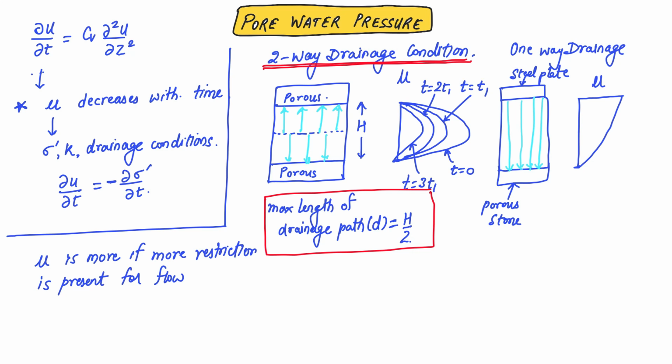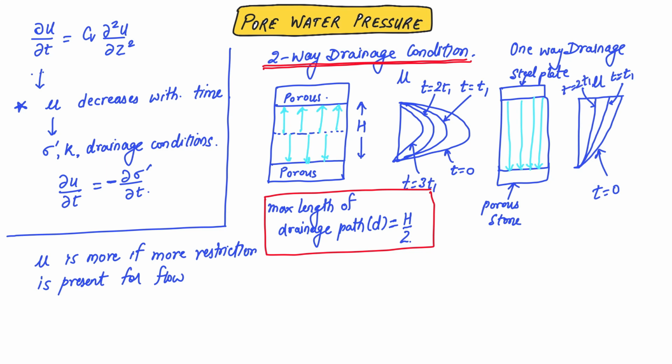Again, if this is the variation of pore water pressure at the beginning of the test, then as water drains out, pore water pressure will gradually decrease, and the variation will be somewhat like this. So this second graph is at time t equals t1, then the third graph will be at time t equals 2t1.